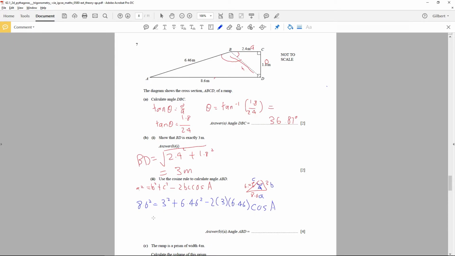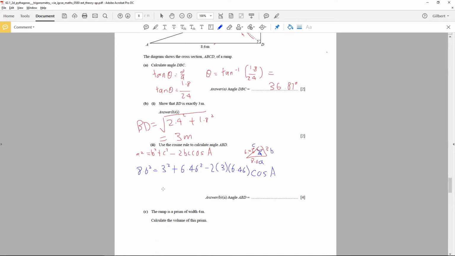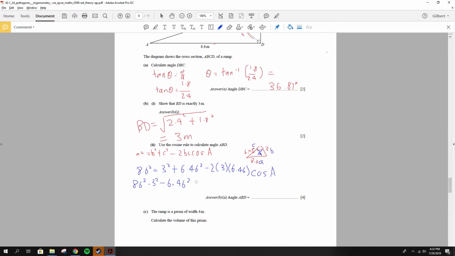Now bring everything over: 8.6² minus 3² minus 6.46² equals negative 2 times 3 times 6.46 cos A.